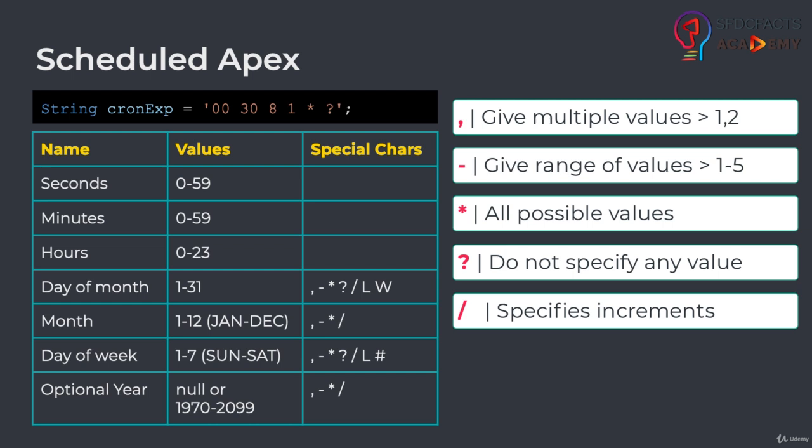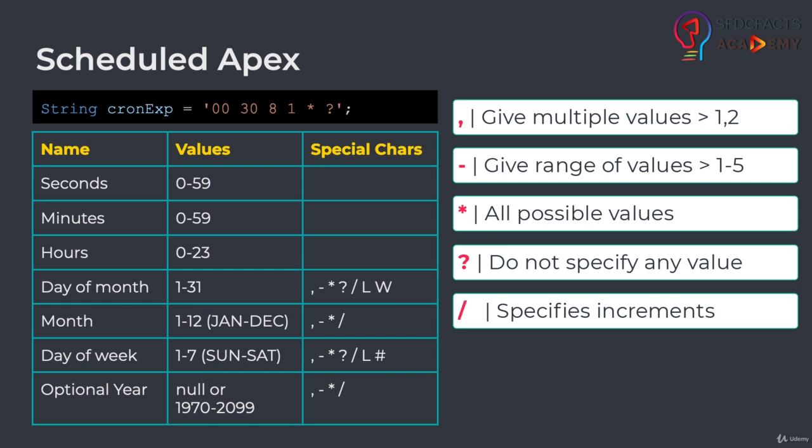For example, let's say you want to execute this job on the 5th of every month, then you can have something like 1/5. So here the number 5 will be counted from 1. If you do it like 2/5, then this job will execute on the 6th of every month.